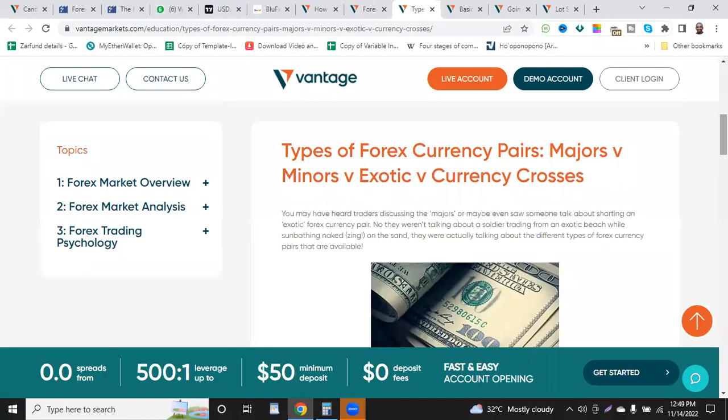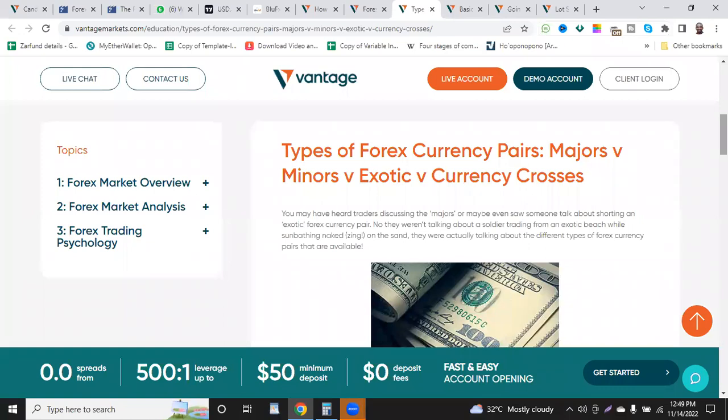So, the major currency pairs. There are different types of currency combinations. Like I said before, when we looked at the major currencies, we said they were the euro, the pound, the dollar, the AUD, the Australian dollar, the New Zealand dollar, NZD.